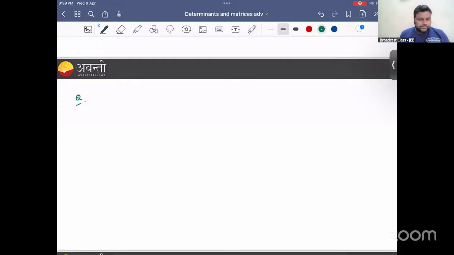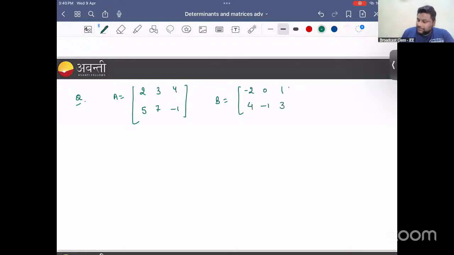Let's do a question. Question is, A is given as 2, 3, 4, 5, 7, -1, and B is -2, 0, 1, 4, -1, 3. Find the matrix 2A plus 3B. Yes, quickly give me the answer.